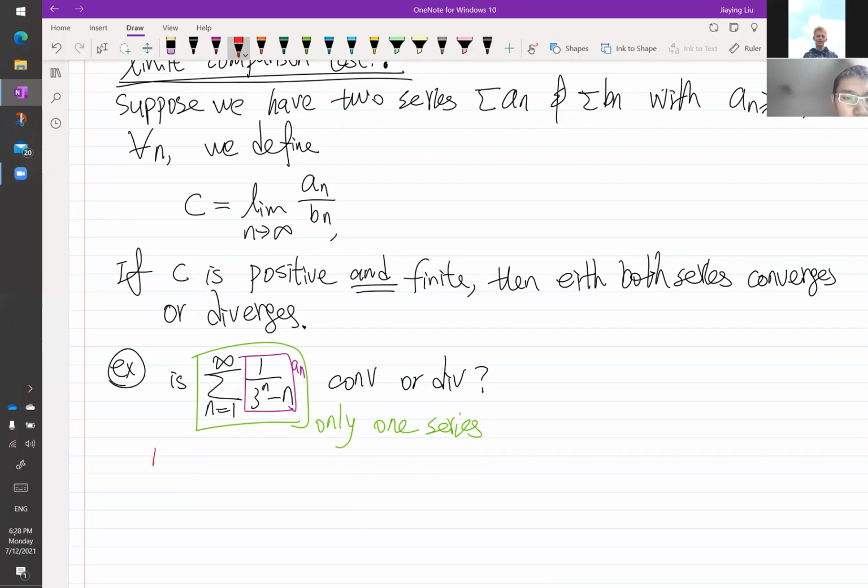So we need to find a second series, and then use it with this given series to determine if the given one is convergent or divergent. And we need a second series that's simpler and easier to determine convergence for.